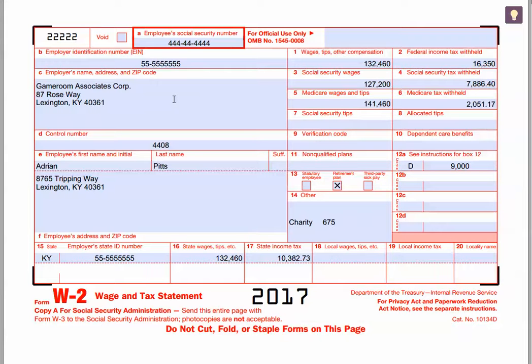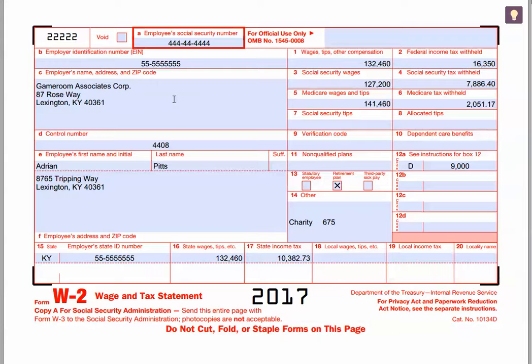So that means something must have been exempted from taxable income for federal income tax purposes. So let's find out. We have the federal income tax, Social Security, and Medicare listed, so we're going to enter those in lines 2, 4, and 6 in order. The annual charitable contribution was $675, and 401k was $9,000. So there's our $9,000. The difference between lines 1 and 5 is $9,000.